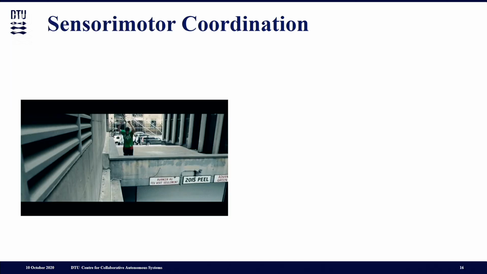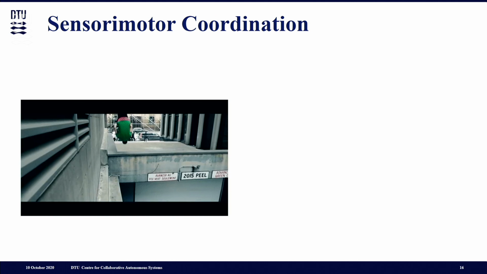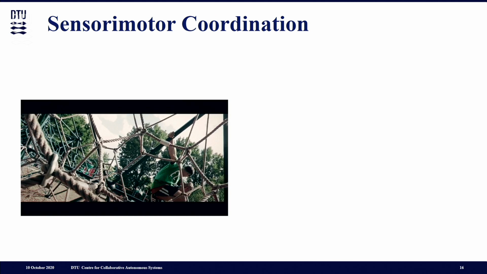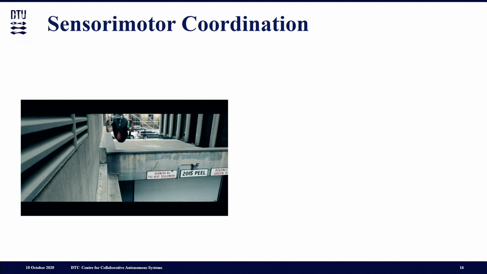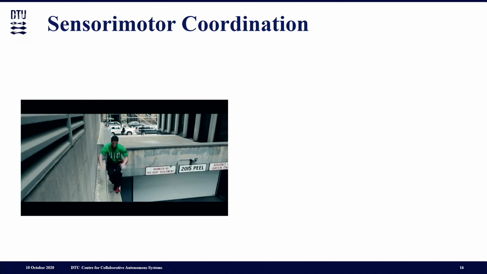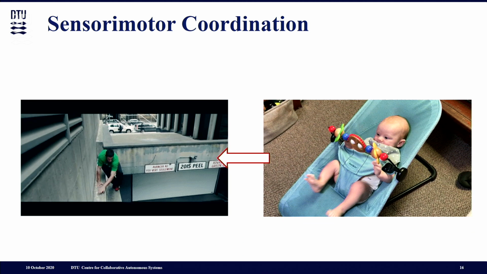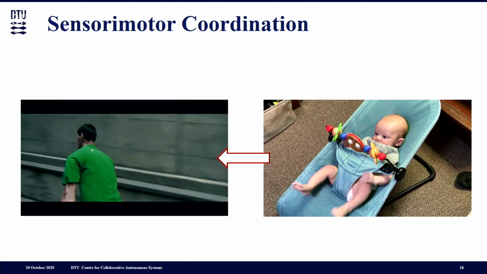Now look at this video. Here you can see a guy performing crazy stuff. Maybe you can think, oh, he has been training quite hard for a couple of years maybe, or months, who knows. What I can tell you is that he has done it since he was born.